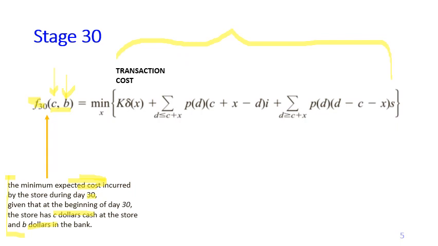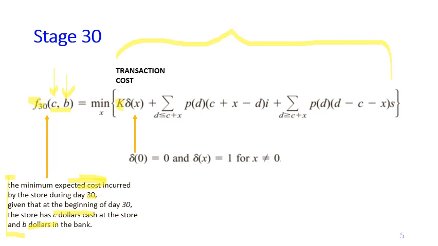The first one is transaction cost. We read in the example that the transaction cost happens whenever we either withdraw money from or deposit money to the bank, and the cost is big K. So how to formulate this?